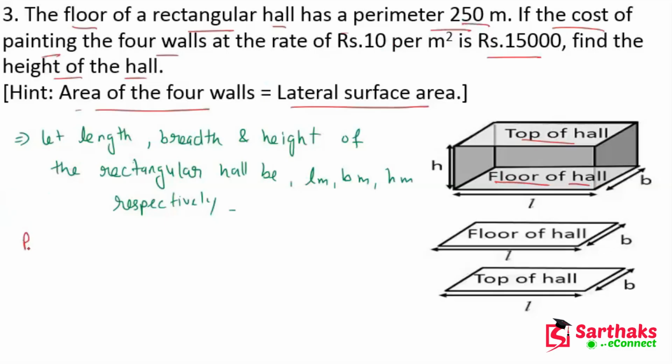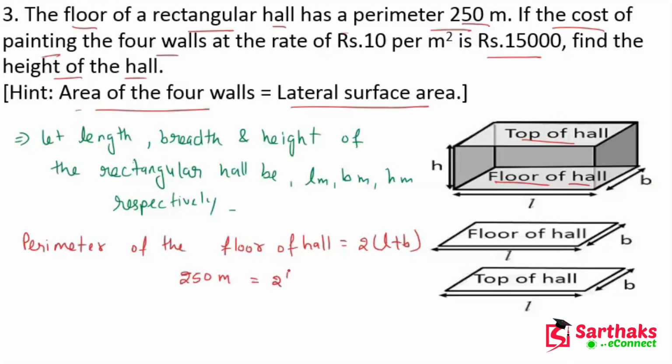So the perimeter of the floor of the hall is equal to 2 into (L plus B), and 250 meter is equal to 2 into (L plus B). So my dear friends, L plus B is equal to 250 divided by 2.